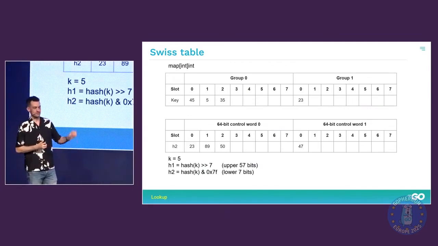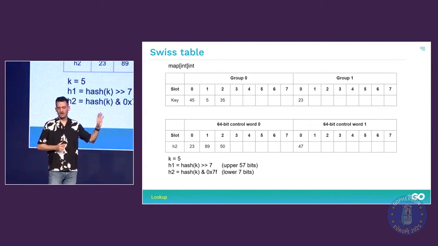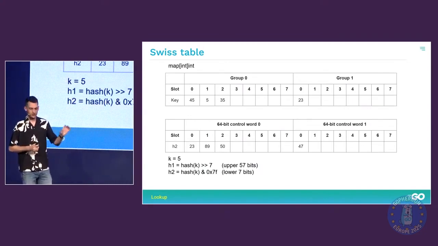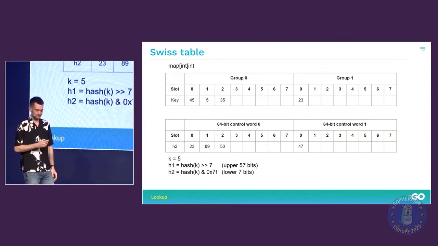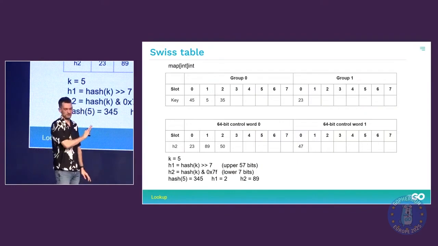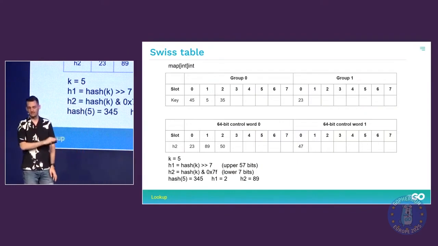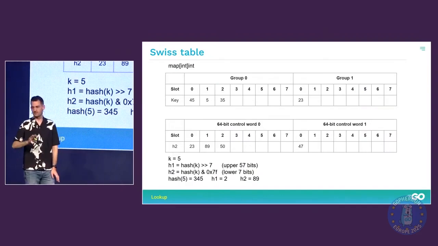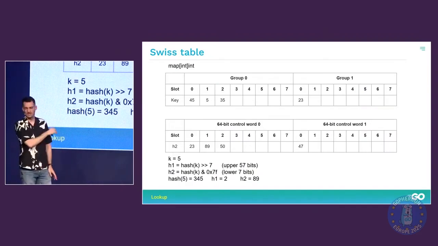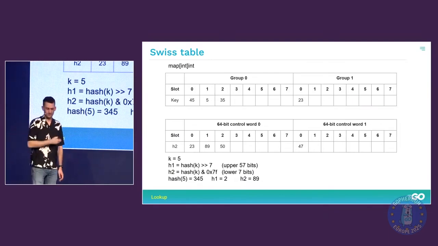H1 is just the upper 57 bits of the hash value we got, and H2 is the lower 7 bits of the hash value. Just to give an example, if we say the hash of 5 was 345, the upper 57 bits are 2, the lower 7 bits are 89. You probably can't do that bitwise math in your head, but I promise it's correct.